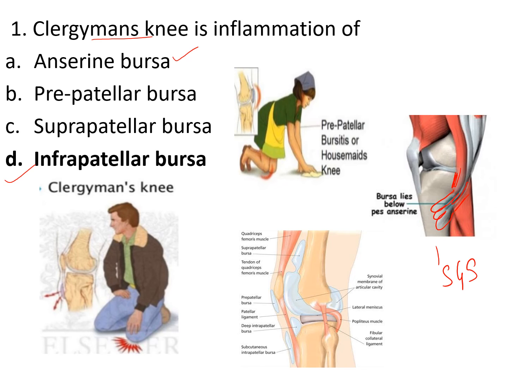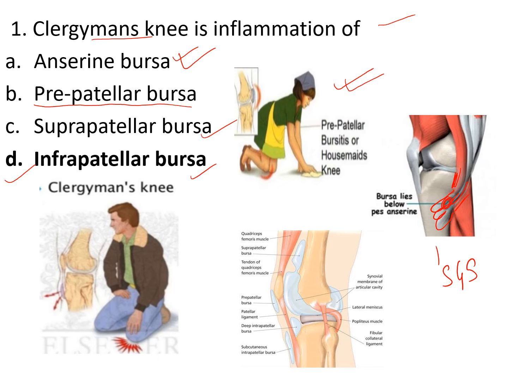In between their attachment and the tibia, there is a bursa. That bursa is called the anserine bursa. So clergyman's knee has nothing to do with the anserine bursa. The answer is ruled out. Prepatellar bursa we already discussed. That bursitis is seen in housemaids. Suprapatellar bursa also is not involved in this.